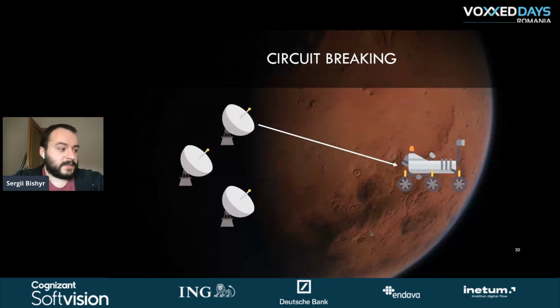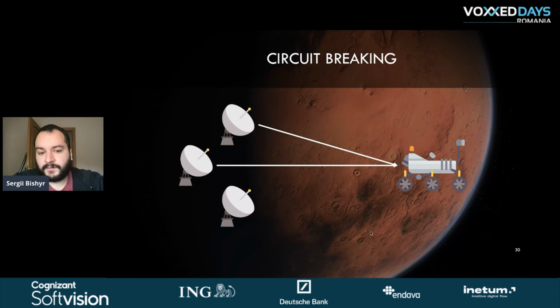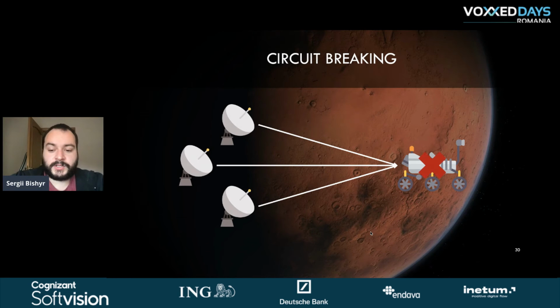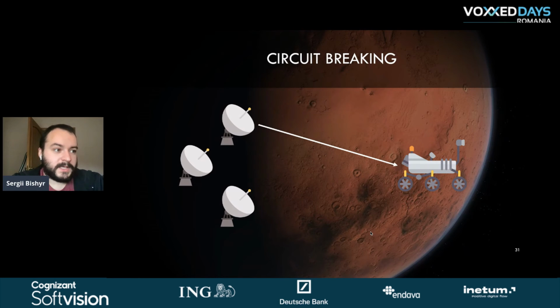So imagine that we have some service and we know that this service can handle 5,000 requests per second. And something happens, our service gets very popular, and instead of getting 5,000 requests per second, we are getting 15,000 requests per second. And our service will just crash and all the users will see the error. Circuit breaker can set up some limits for our service, and we can say that our service can handle only 5,000 requests.